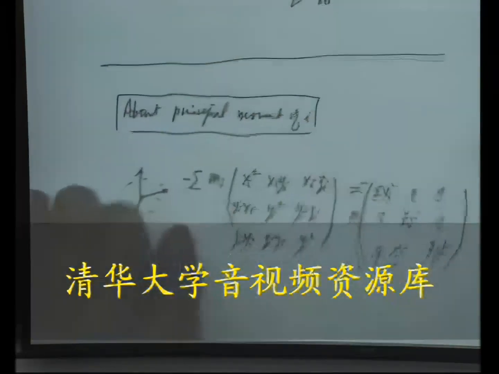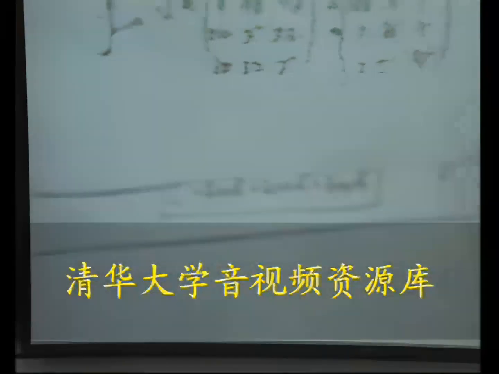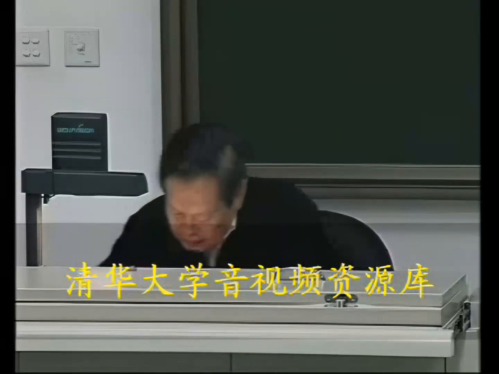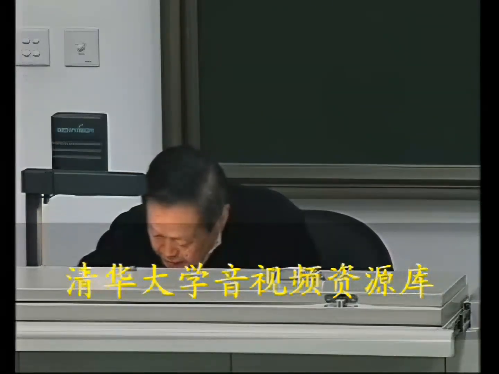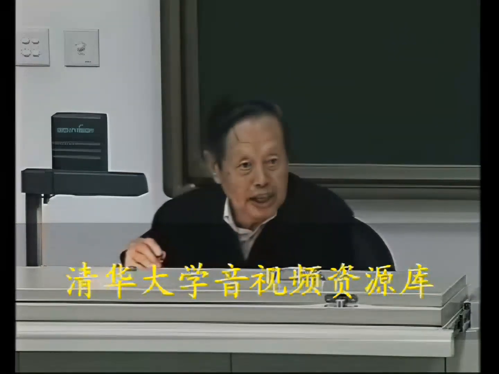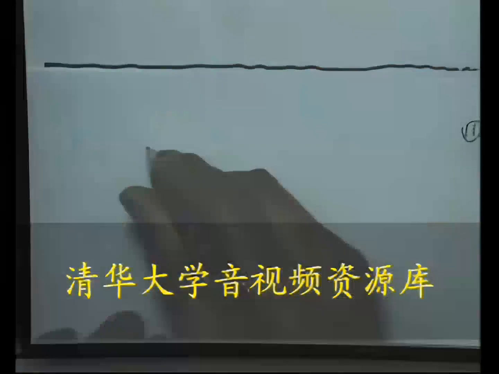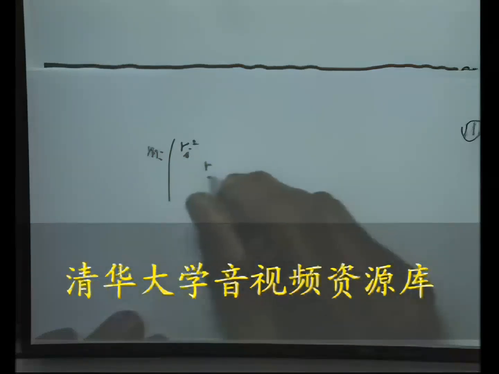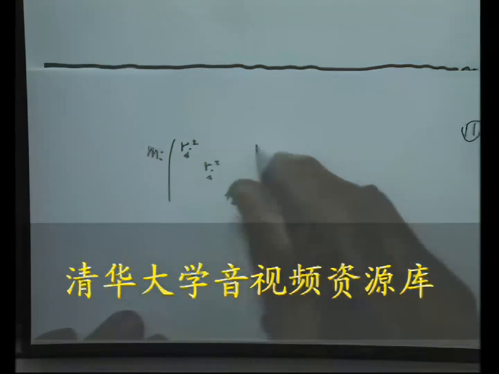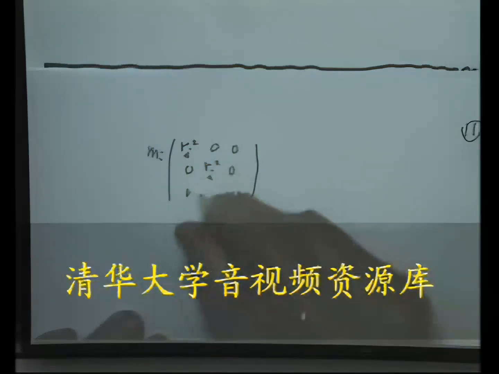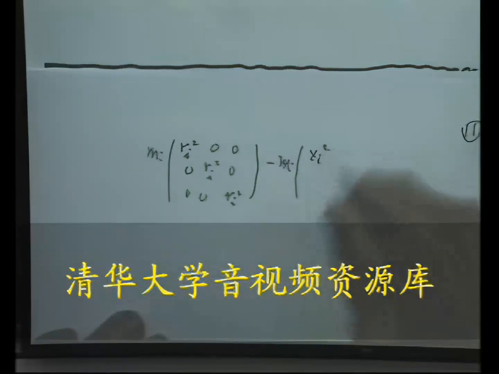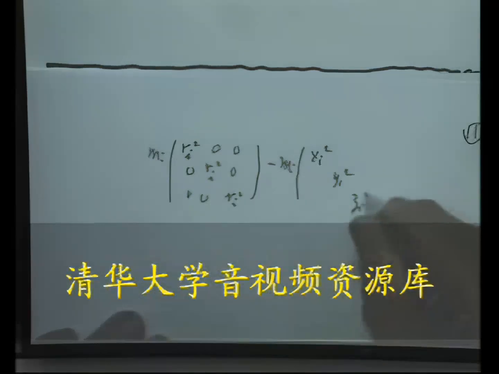So therefore, mi's contribution to J, to the total angular momentum, is mi times ri squared, these are all zeros, minus mi times xi squared, yi squared, zi squared, something, something, something.